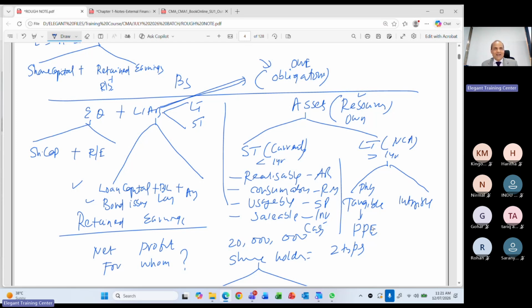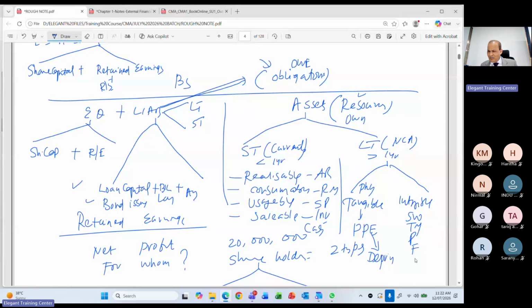Clear? Then coming to intangible. Now physical assets, PPE, are subject to depreciation. So physical assets are depreciated. Now intangible assets. Example, you cannot see: your software, then your trademark, patent, franchise fee, right?